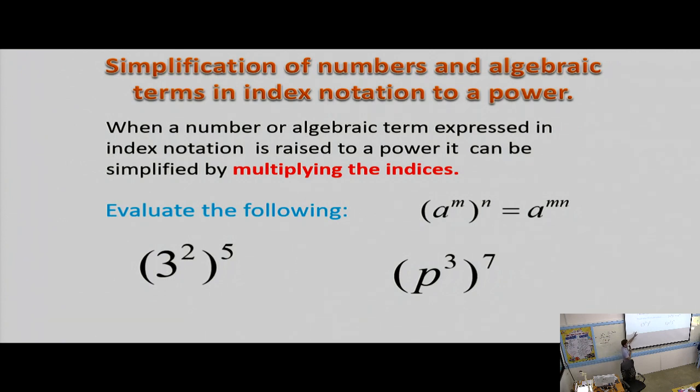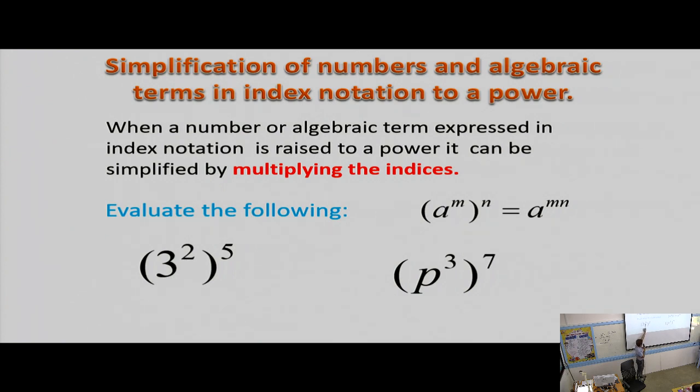So let us have this example. 3 to the power of 2 to the power of 5. What is the answer? Remember, a to the power of m to the power of n is a to the power of m times n. Multiply the exponents.